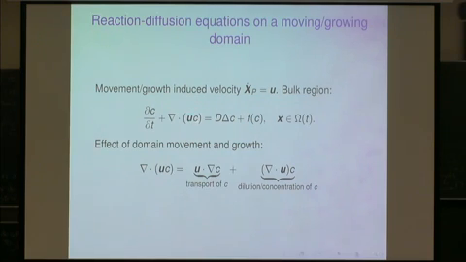And if I have a bulk velocity u, then I'd have this additional term here. If there's no velocity in the bulk, then of course that term just disappears. If I have growth or movement, then potentially I have two additional terms from here if I expand this out. One which just gives me a sort of passive transport of C, and one, depending on the divergence of the velocity field, will either give me a local dilution or concentration of my chemical C.